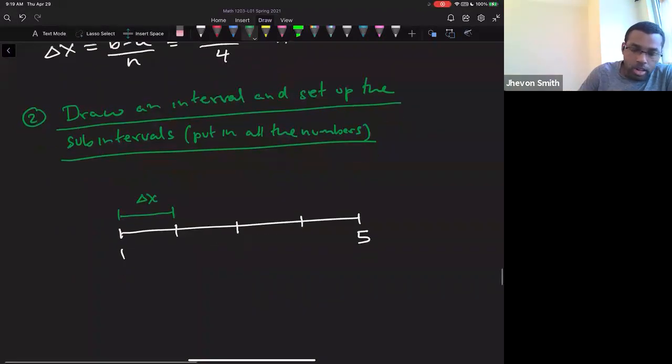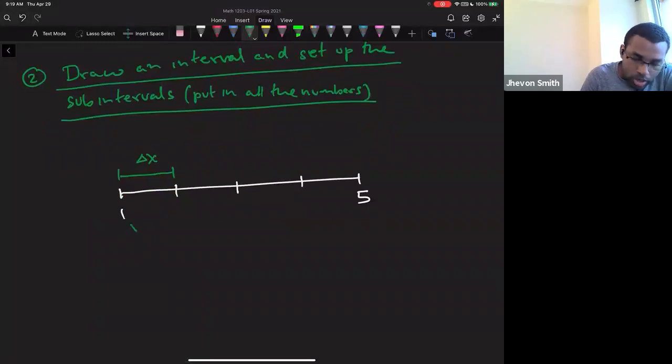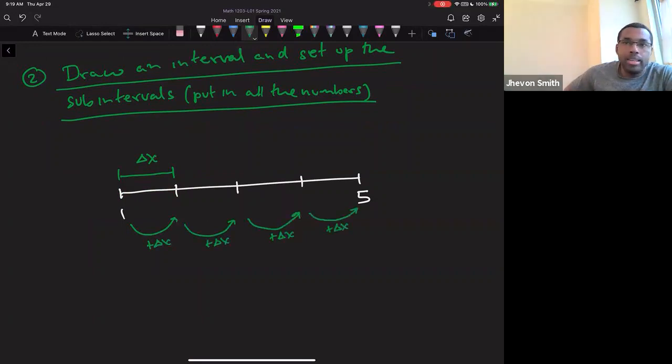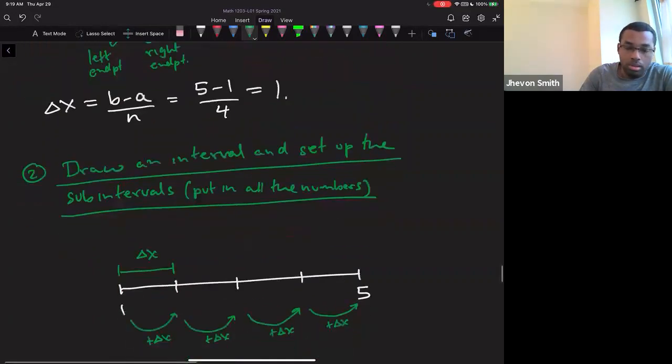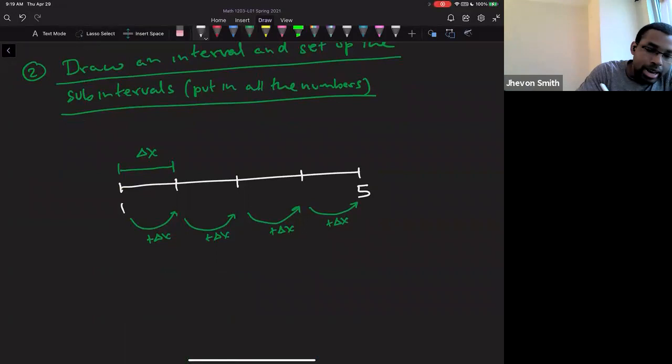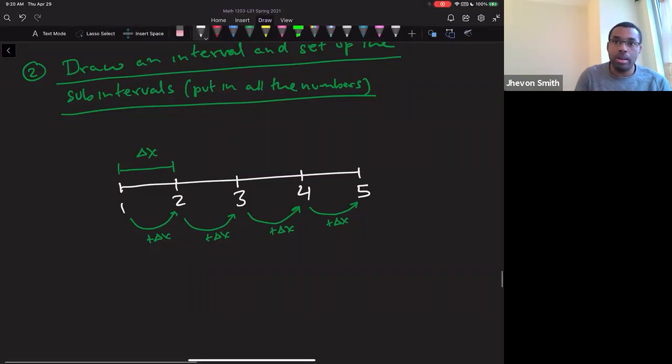Which means if I know the leftmost endpoint, all I have to do is add delta x to get to the second one, then add delta x to get to the third one, then add delta x to get to the fourth one, then add delta x to get to the fifth one. I keep adding delta x. Delta x in this case is 1, so I'm just going to be adding 1 all the time. So 1 plus 1, that's 2, still even in calculus. 2 plus 1 is 3, 3 plus 1 is 4. Okay, so now you have all the numbers. Now you just have to pick the numbers that you want. This is what I mean by set up the subintervals.